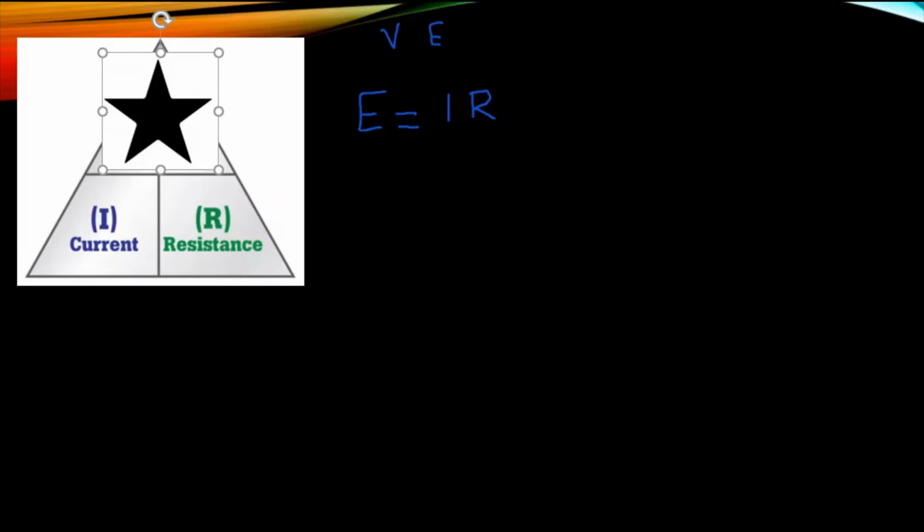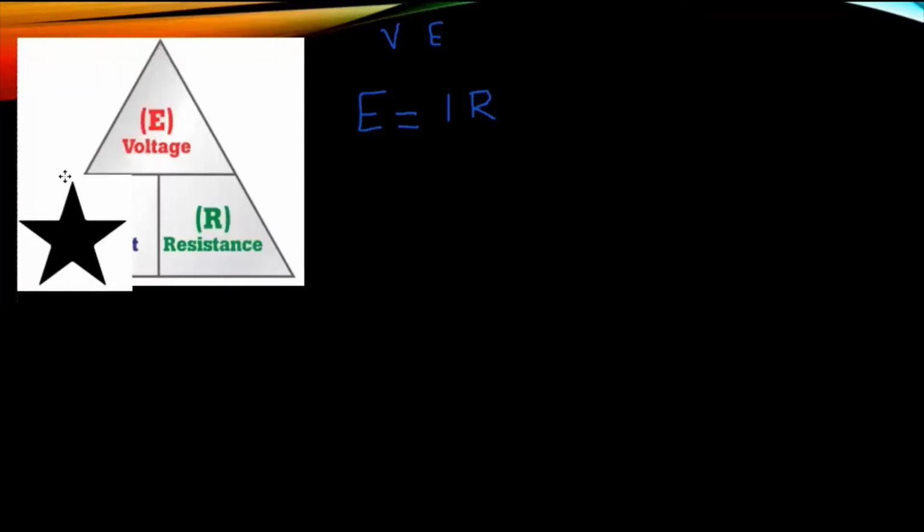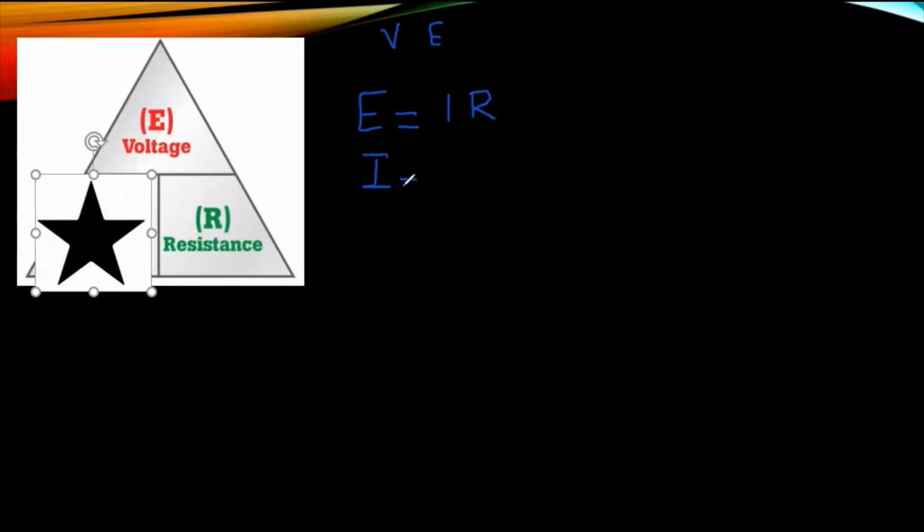In a similar way, if you are supposed to find current, then we need to just place your finger over I. So now we are supposed to find current I. We can see here it is E by R. You can see E is on the top and R is below.